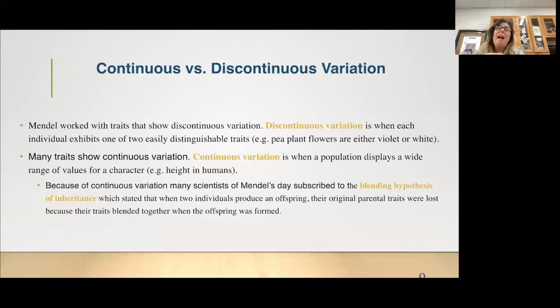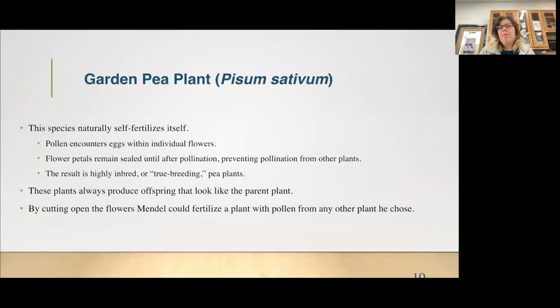Skin color is kind of true because of a topic we'll talk about, incomplete dominance and multiple genes, a little bit later. But the things that Mendel looked at were these discontinuous variations, these very clear-cut forms of a gene: purple flowers, white flowers, green peas, yellow peas. So very simple characteristics he looked at.